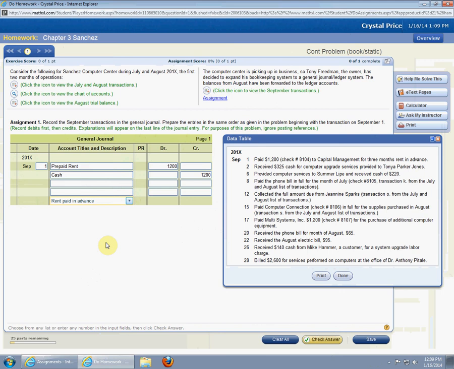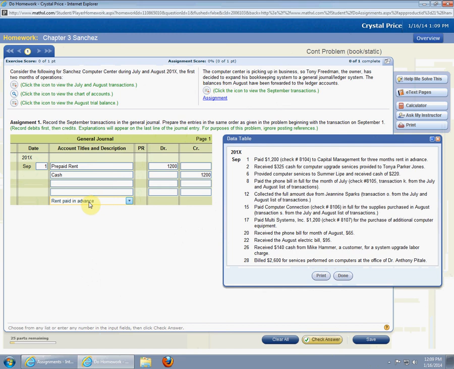In the real world, whether you were doing manual accounting or QuickBooks, you would only put an explanation if it was something you couldn't tell from the journal entry itself. We can look at that and know immediately we paid rent in advance. What would be more important is to say that we paid rent for 3 months.